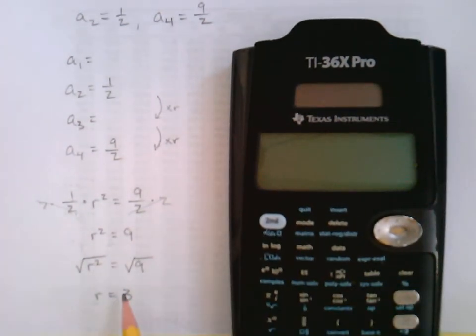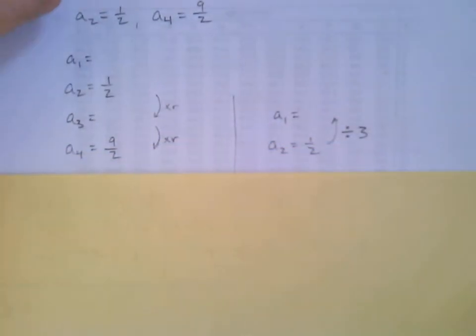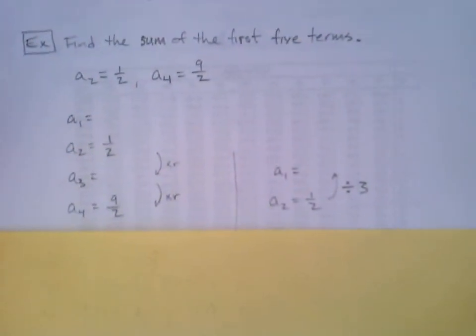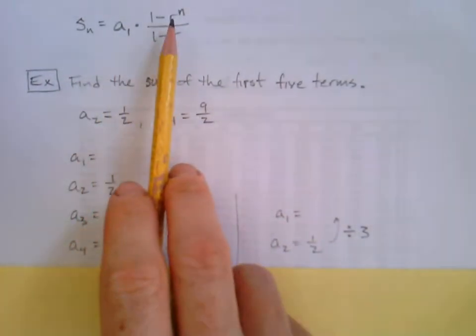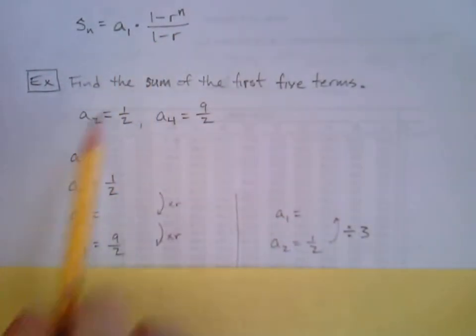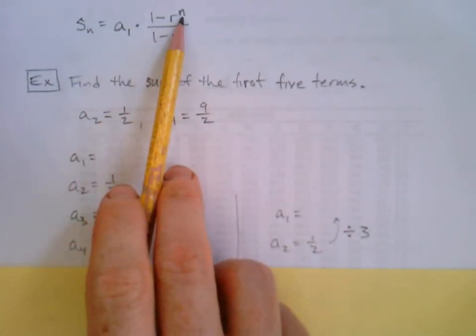So knowing R is really good, but I also need to know A1. So if you go back to the formula, R appears twice. Then we have A1, and how many terms we're summing, N.